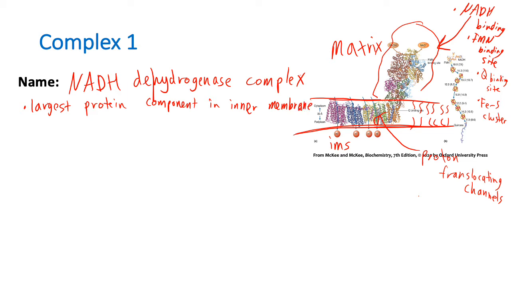So it's the largest one. It's L-shaped. So if we're looking at the matrix, as I previously mentioned, it kind of has an L shape about it. It has a hydrophobic region right here, caught up in the membrane, and a hydrophilic region that likes water. It's going to be caught up in the matrix.